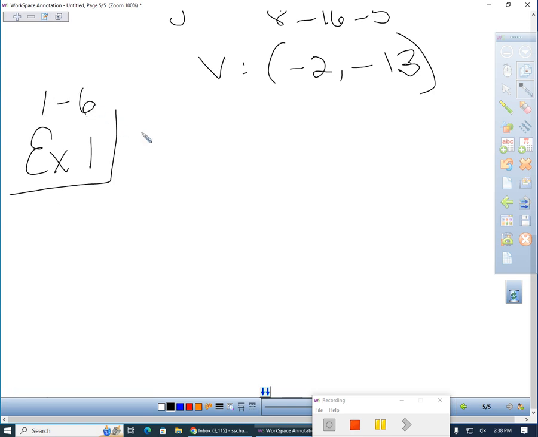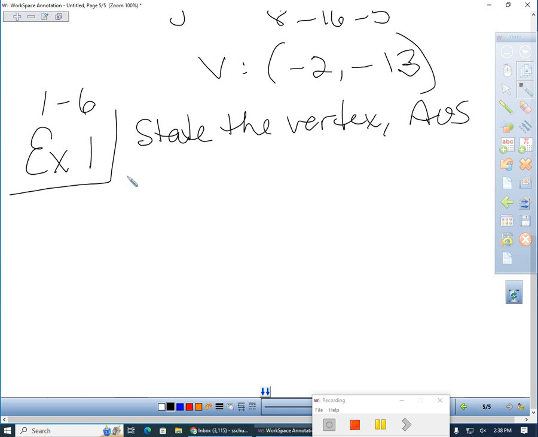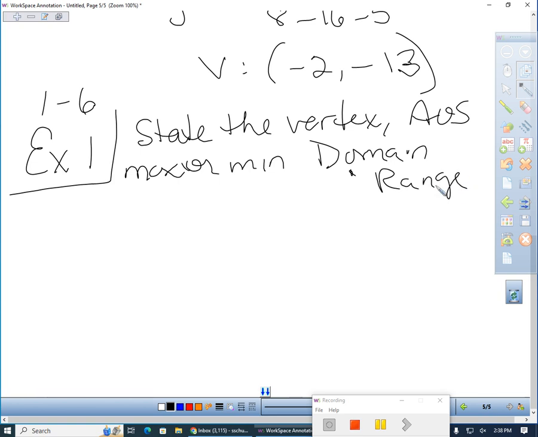I want you to state the vertex, axis of symmetry, max or min, domain, and range. Same thing from yesterday. Only difference is finding the vertex.